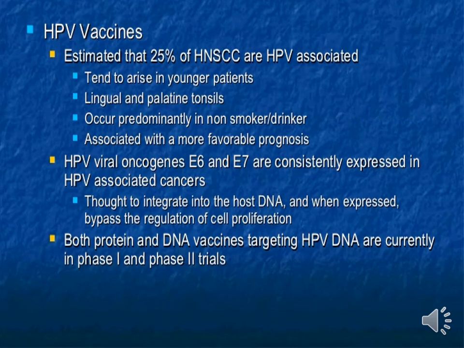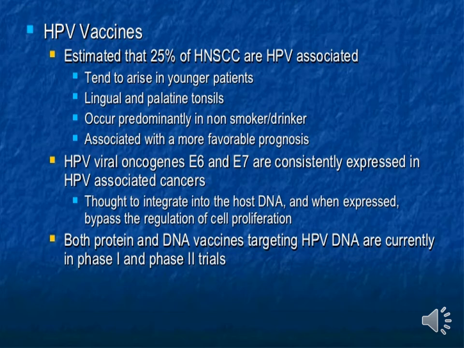The other vaccine is the HPV vaccine. They estimate that 25% of human squamous cell carcinomas in the head and neck are HPV associated, with 10% arising in younger patients. Those in the palatine tonsil occur predominantly in non-smokers and non-drinkers and are associated with a more favorable prognosis.